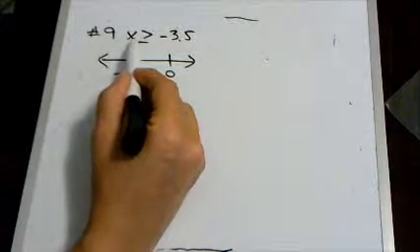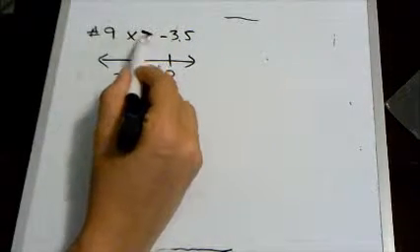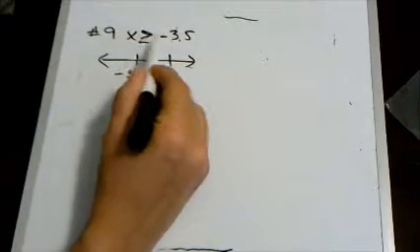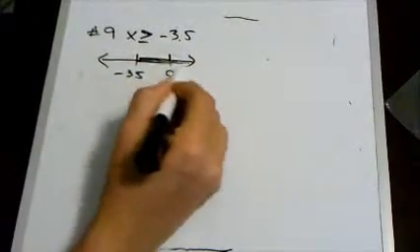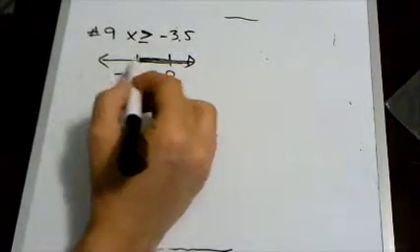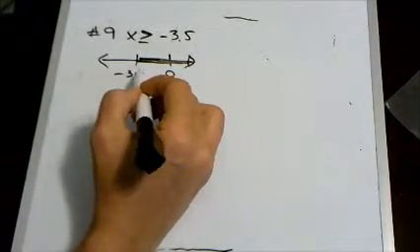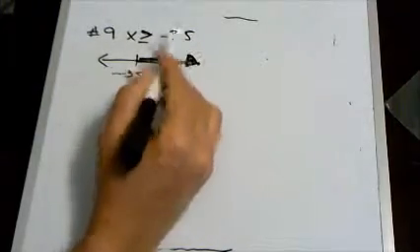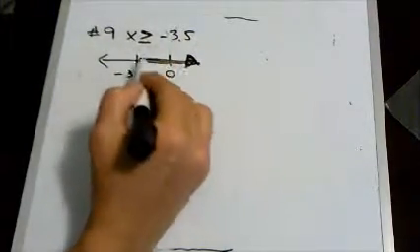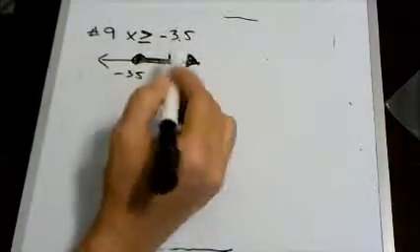This is bigger than that. This right here, it's pointing to the smaller number, so that means this is smaller than x. So my x has to be on this side in order that this negative 3.5 be smaller than the x. So it goes like this. It has this line underneath, so you need to fill in the circle.